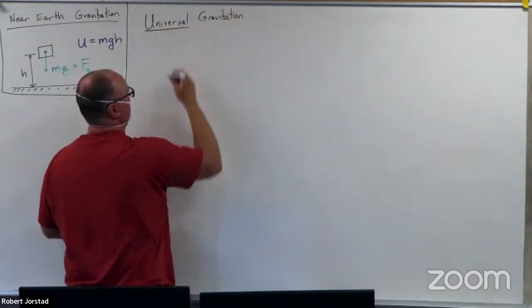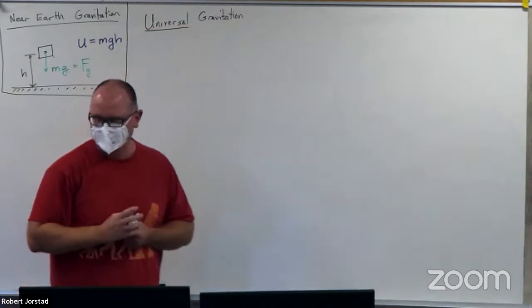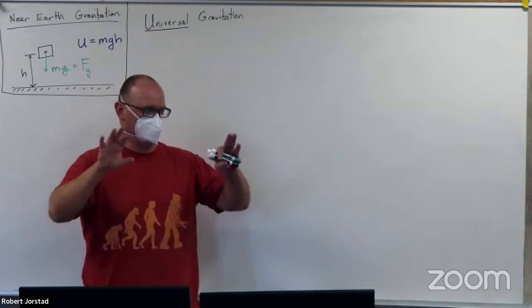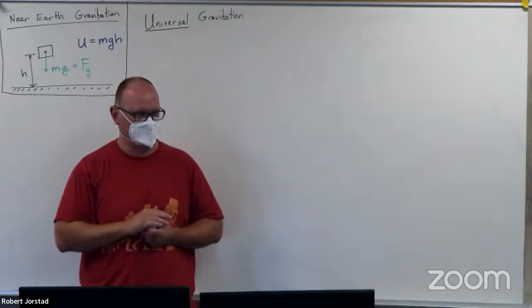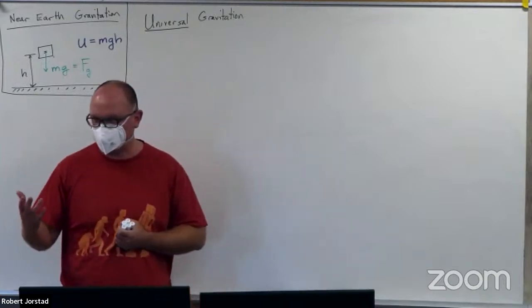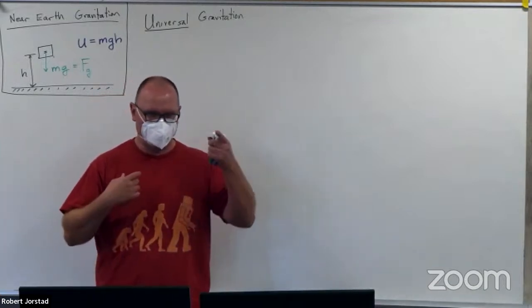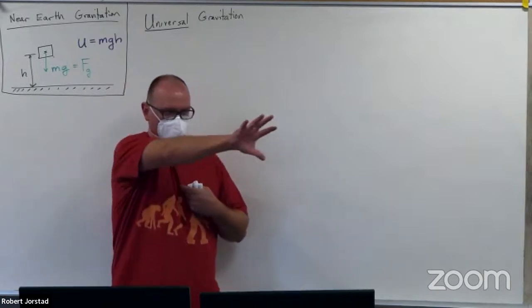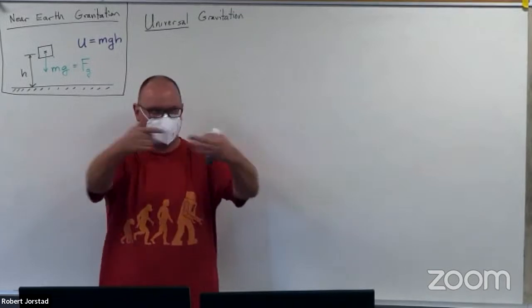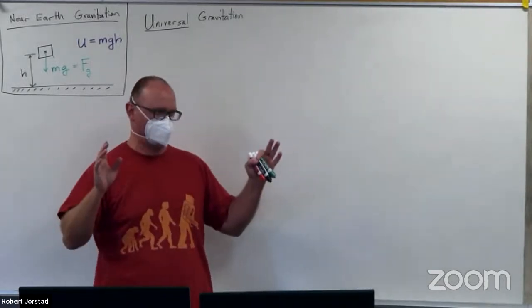What do I mean by universal? Any two masses in the universe will exert gravitational forces on each other. So you can imagine a big asteroid and a small asteroid out in space, or me and you, right? Right now, I'm attracting all of you with a gravitational force. You are each attracting each other person in this room with a gravitational force.